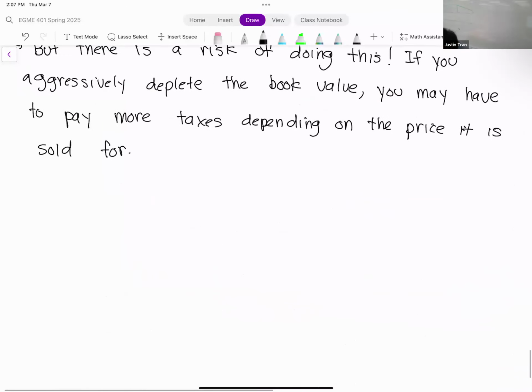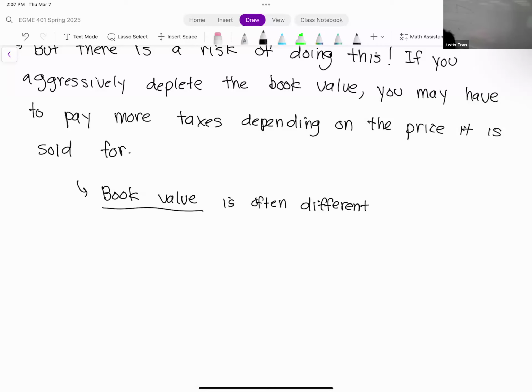Okay. Because the book value basically tells you how valuable your asset currently is just for tax purposes. The market value is what you're actually going to sell it for.